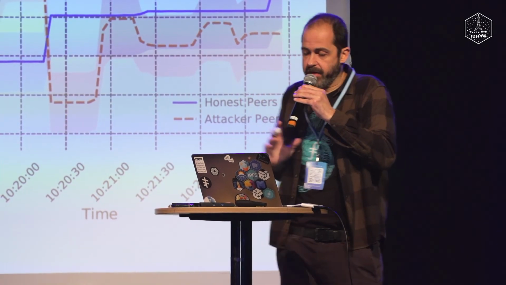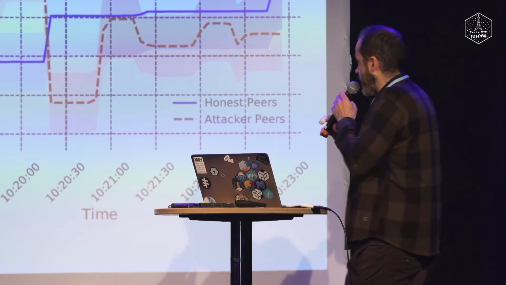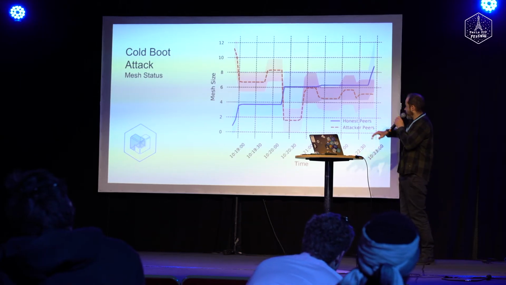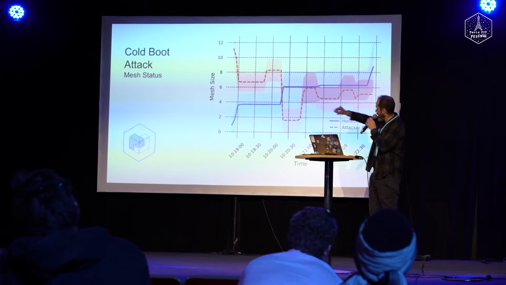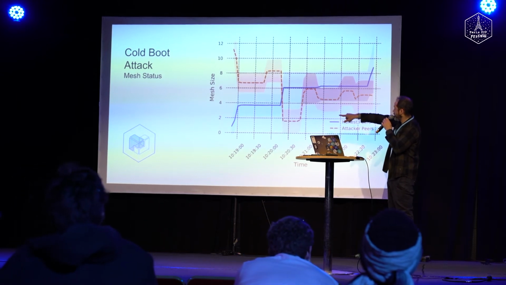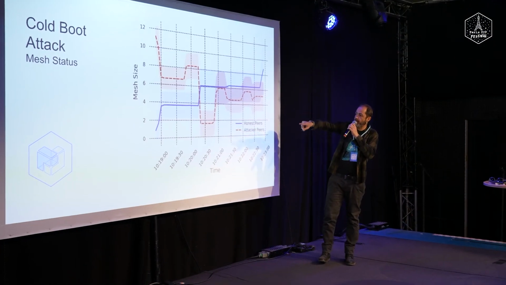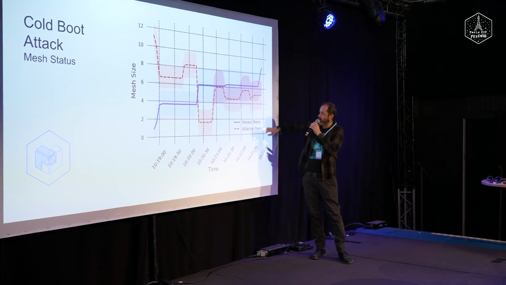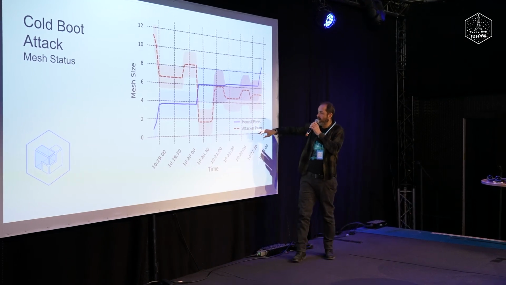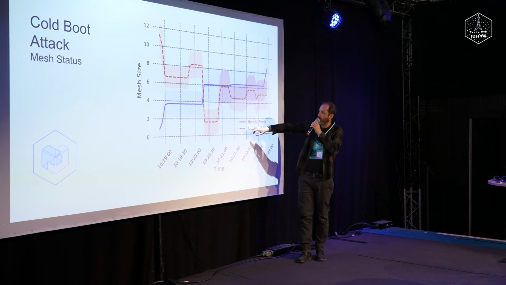In the cold boot attack, that's an interesting graph. You see, this is the mesh size, and that's the number of honest peers in blue, and the number of attacker peers with this dashed orange line.